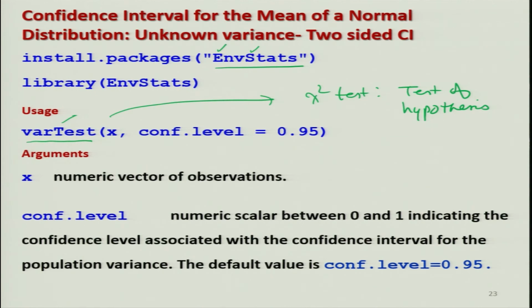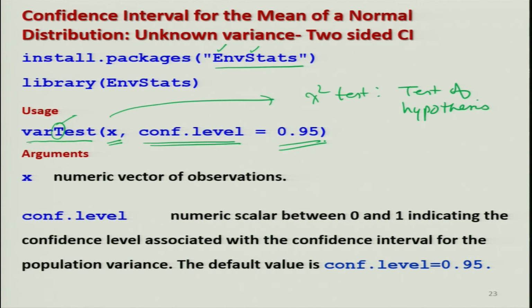So, I am unable to give you the complete details of this command, but I would request you to please accept it at face value and use this command to construct the confidence interval for sigma square in the case of normal distribution. So, the command here is simple: varTest, with capital T, then you give the data vector x, and then you specify the confidence level you want; the default here is 0.95, right.